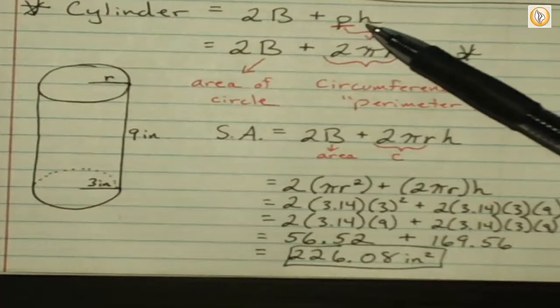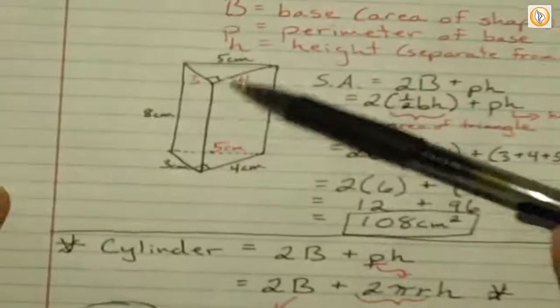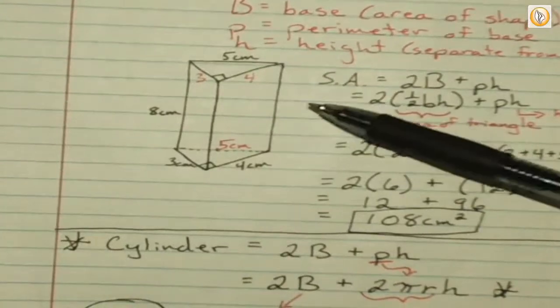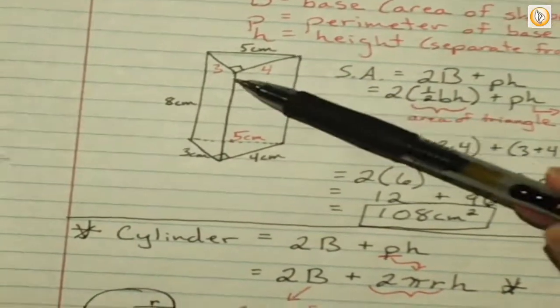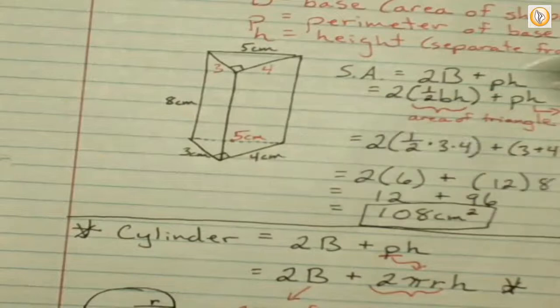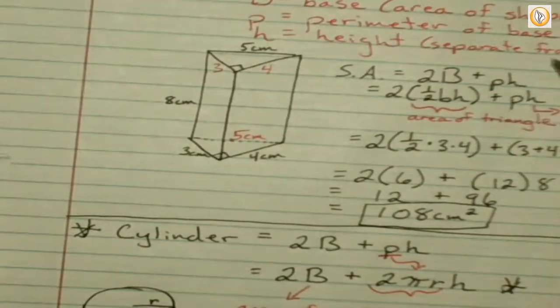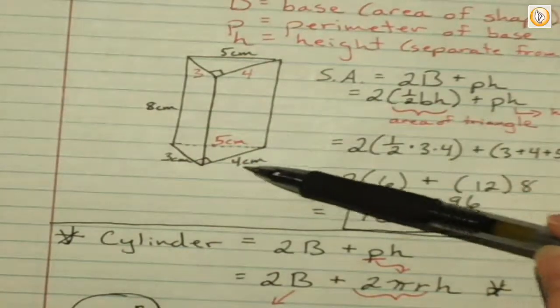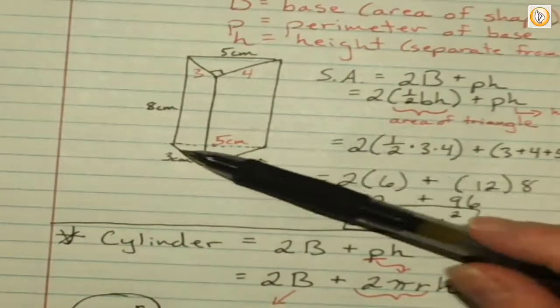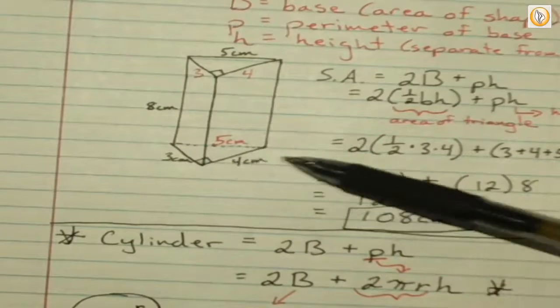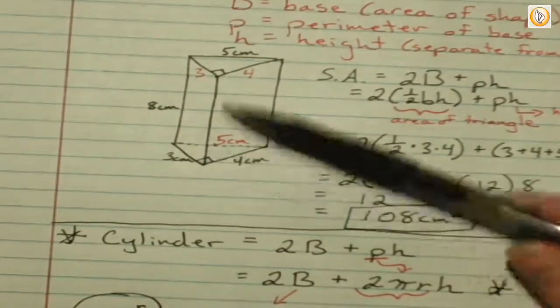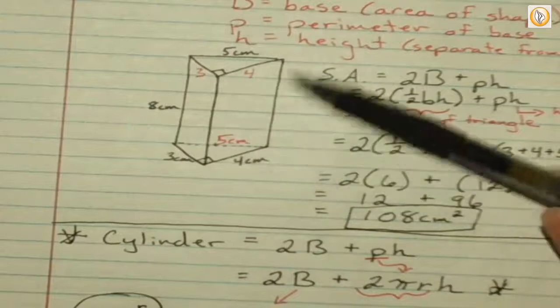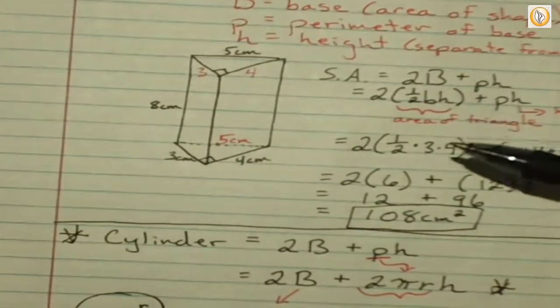You got to remember, well, perimeter for a straight edged figure, and you're not doing the perimeter of the whole thing, you're doing the perimeter of the base. So you're not doing perimeter of like this long rectangle. You're doing perimeter of the base. I have kids that will sit there and give me perimeter of this thing. No, that's not quite how it works, unfortunately. It's got to be the perimeter of the base.